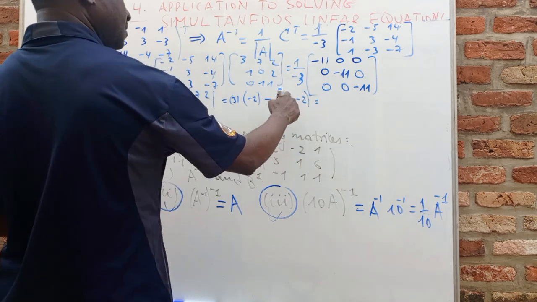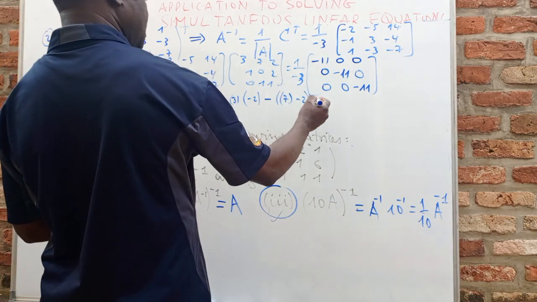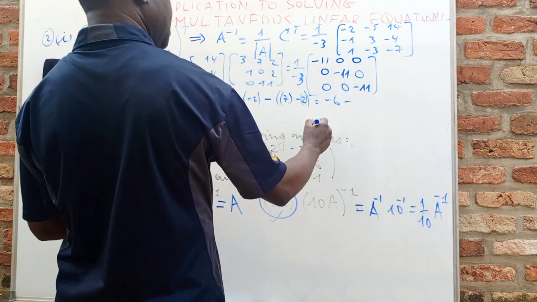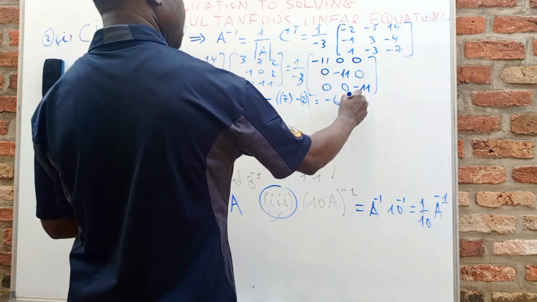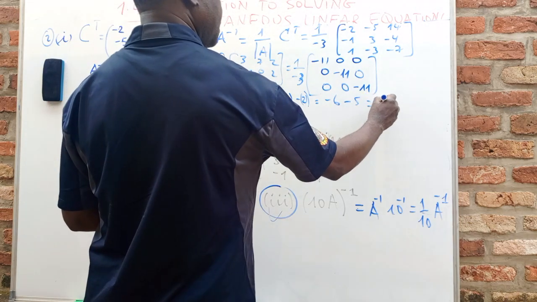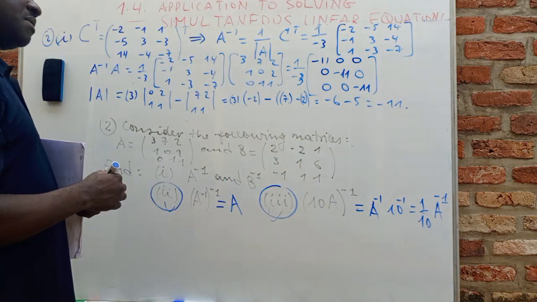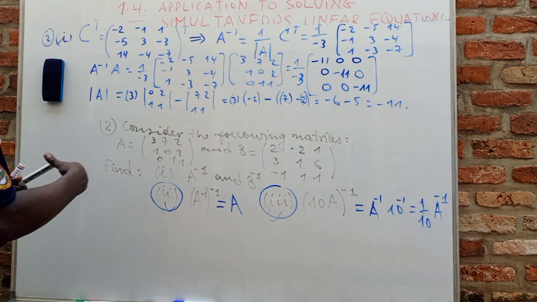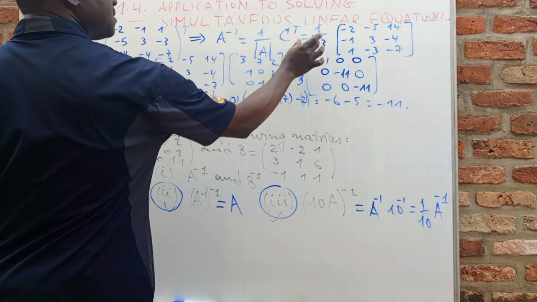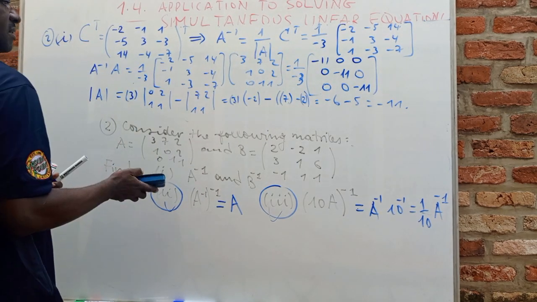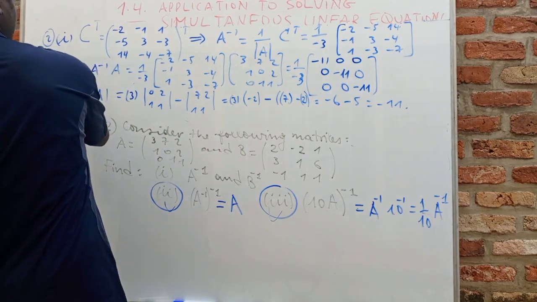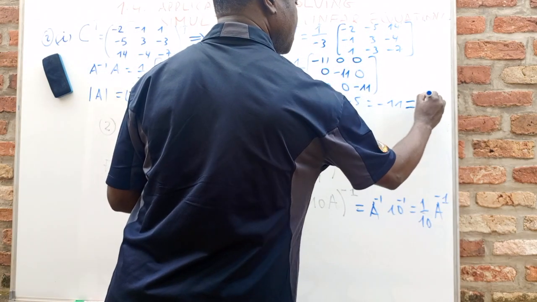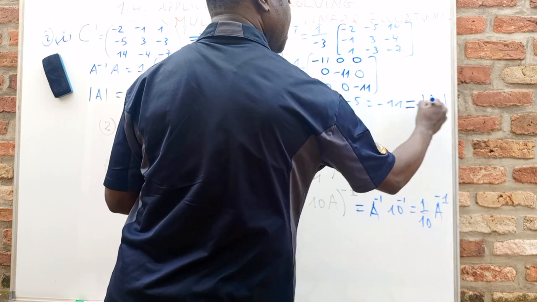This is now negative 6 minus 5, so this is negative 11. Okay, maybe I didn't remember what was the determinant. Now the determinant here is not equal to negative 3, but exactly equal to negative 11. This is the determinant.